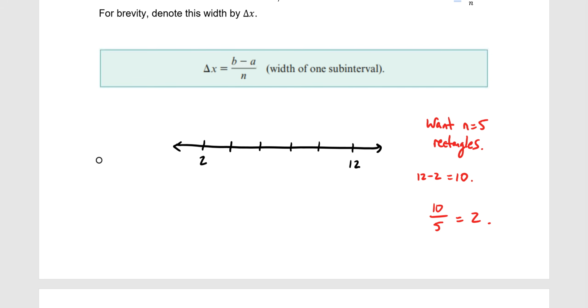That means we would add 2 to each partition point to get the next value. And now we just successfully chopped up that interval from 2 to 12 into 5 equal regions. And we're going to be using those regions to create our rectangles.